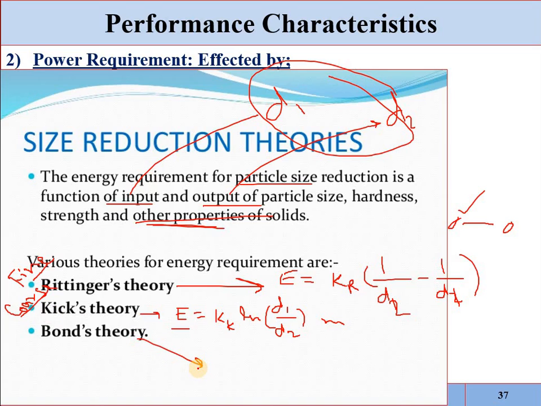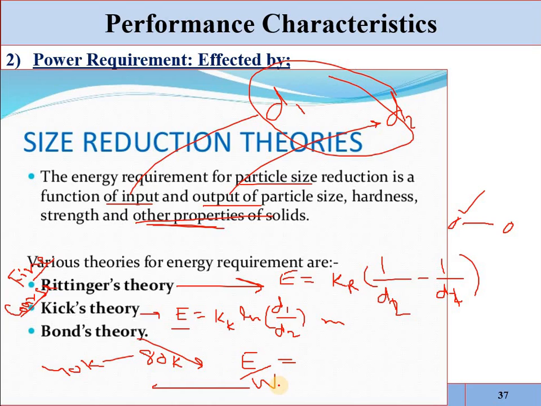Bond's theory is suitable for intermediate material, and it says that the energy required per unit size reduction follows this relation. This W is called the Bond work index, and its value normally varies between 40,000 and 80,000. Again it is a type of Bond's constant, but it is called the Bond work index.